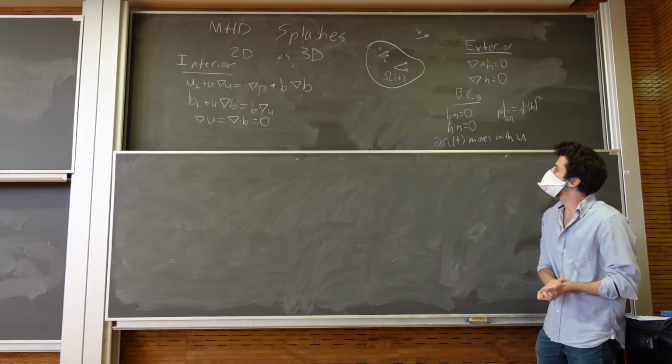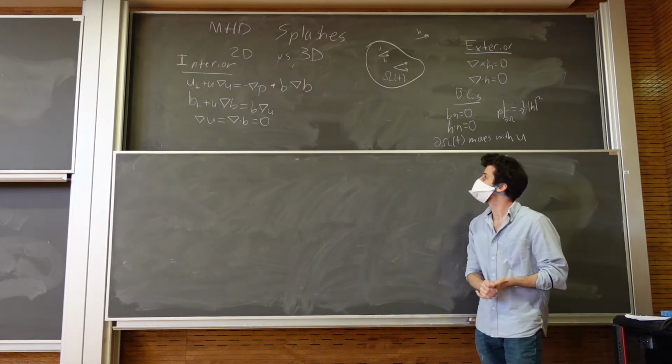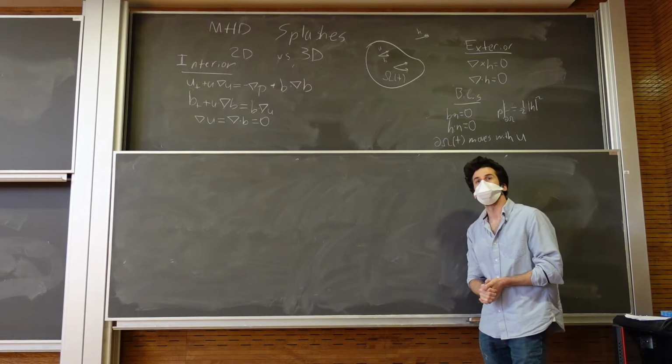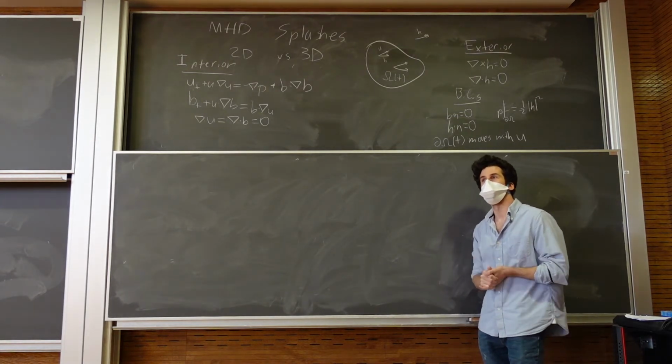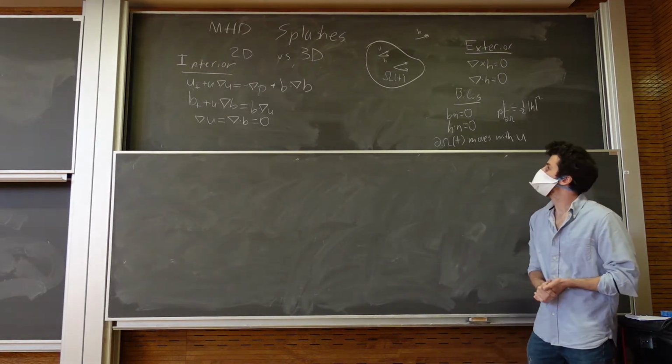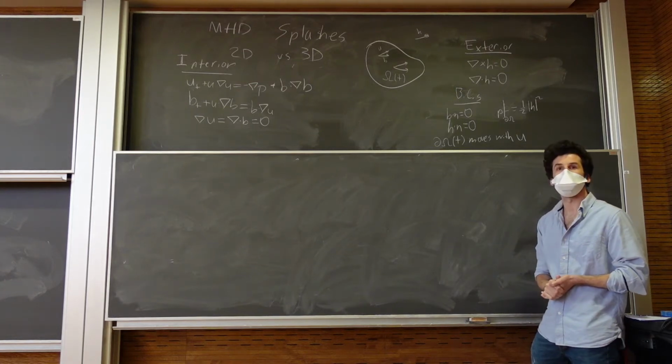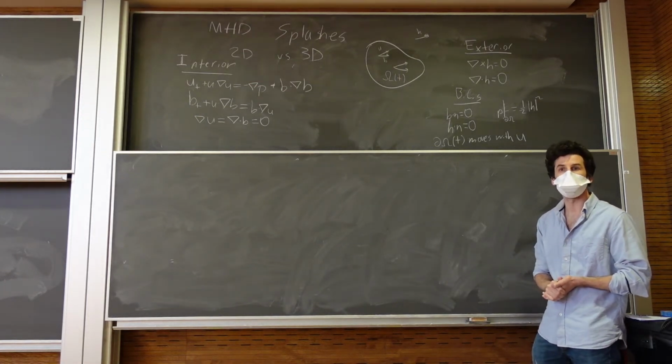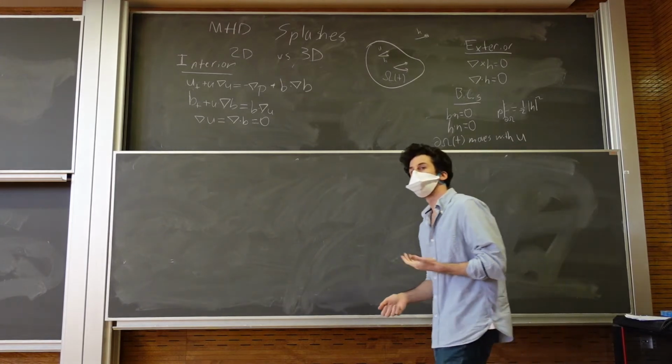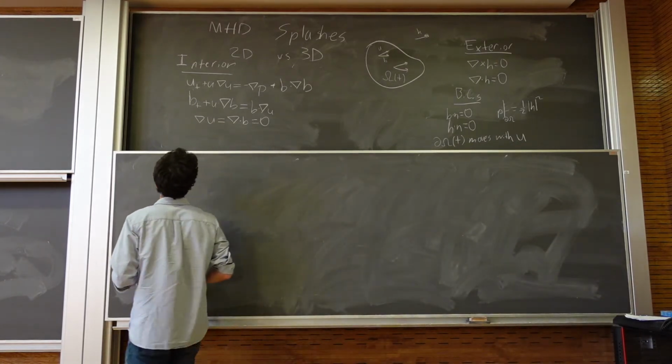And related to that is actually that this equation for B is, if you'll notice, the same as the equation for the curl of u in the case of the incompressible Euler equations. So that's just an interesting fact.